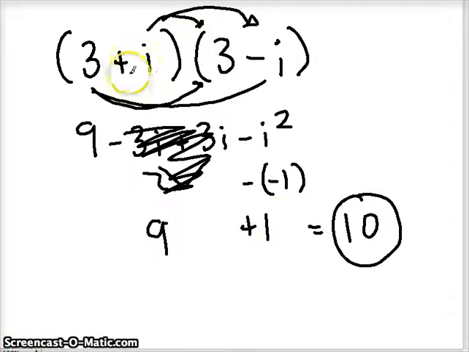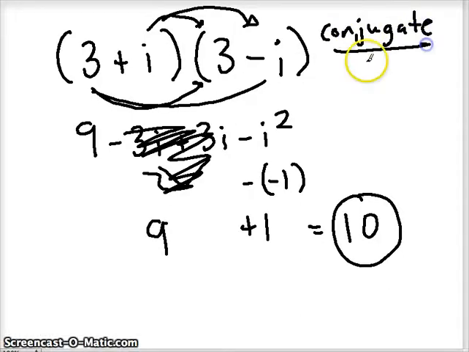Strange how multiplying two complex numbers gave us just a real number at the end. And there is a reason. This is called a conjugate. Anytime you see a complex number and a complex number similar to it, and the only difference is the sign. See how this one had 3 plus i, this is 3 minus i.